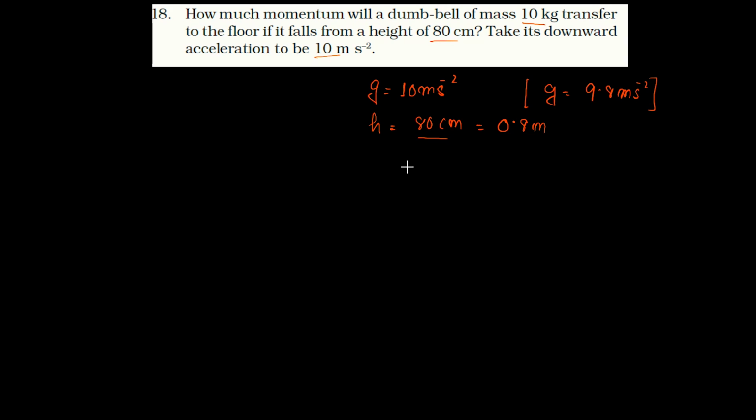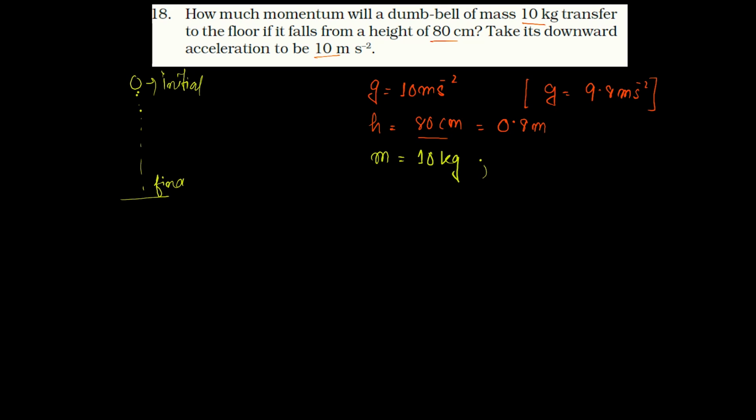Now again, what is given? Mass is given. Mass is 10 kg. We have to calculate the momentum. But before that, what is going to be the initial velocity? When a ball drops from here to the ground, this is the initial and this is the final.